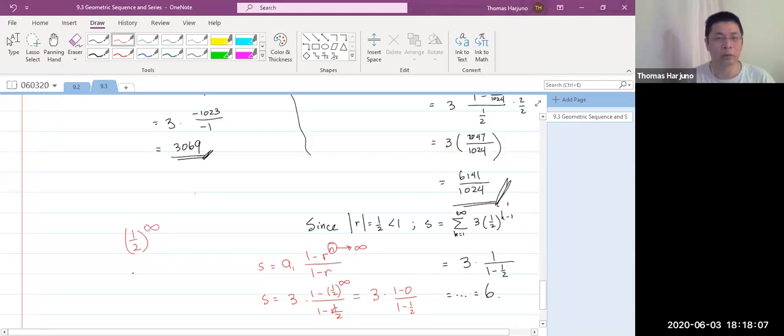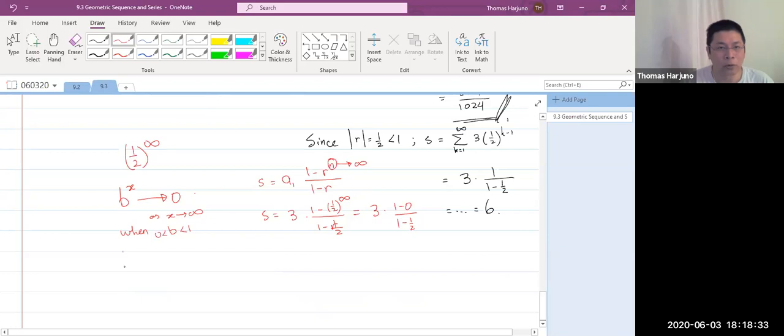Well, because of the exponential function. If you remember, the exponential function b to the x will go to 0 as x goes to infinity when the base is positive and less than 1.